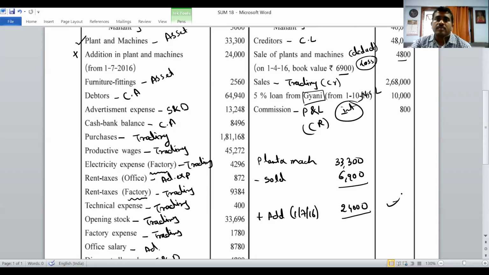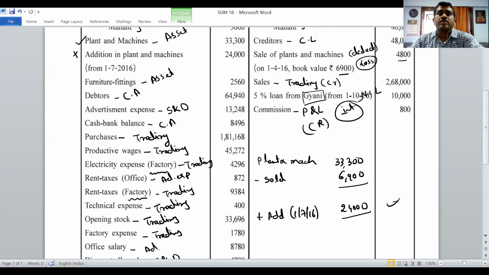Right? So go to the asset side and write down plant and machinery. Inner column 33,300 minus sale of plant and machinery 6,900. Depreciation is also there, so one tick will be there.